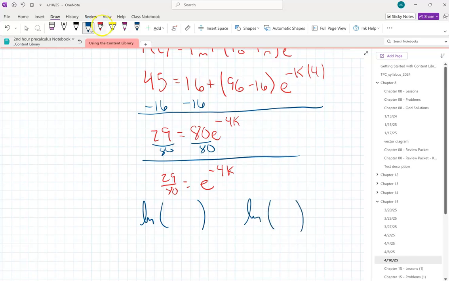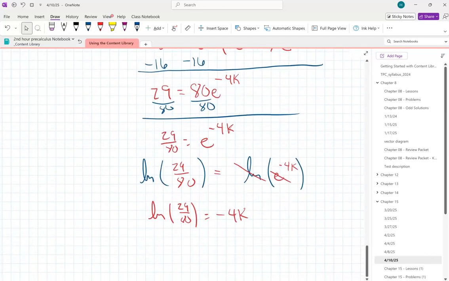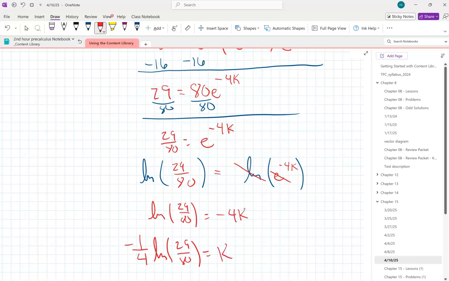So do the natural log of both sides. And then I'll just divide both sides by -4, or I'm going to think about it typing into my calculator as multiplying by -1/4. But now it's just calculator time.